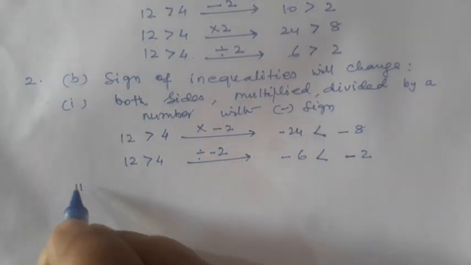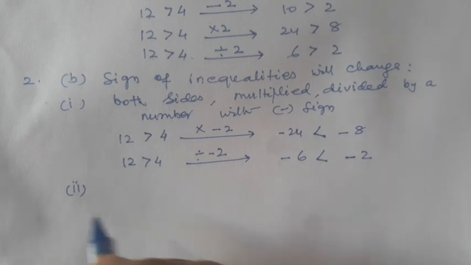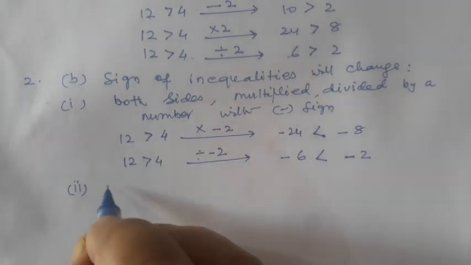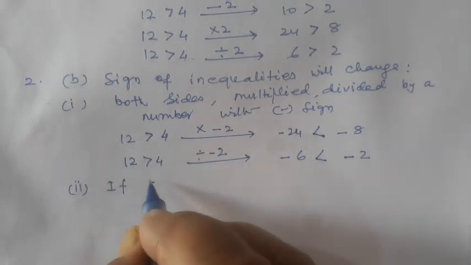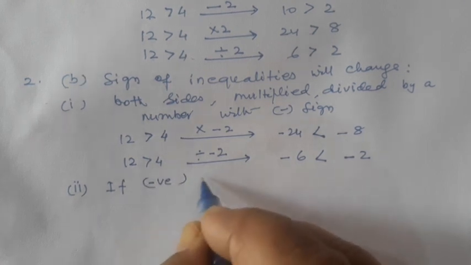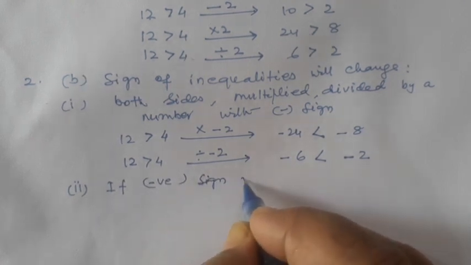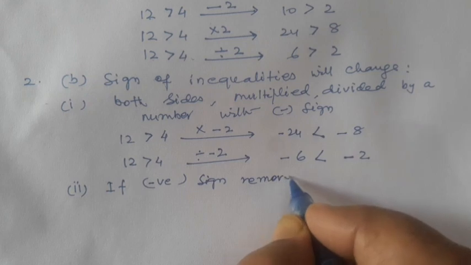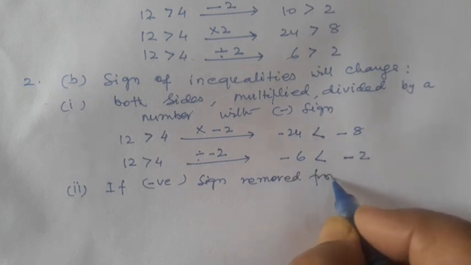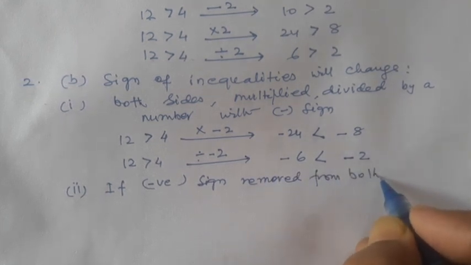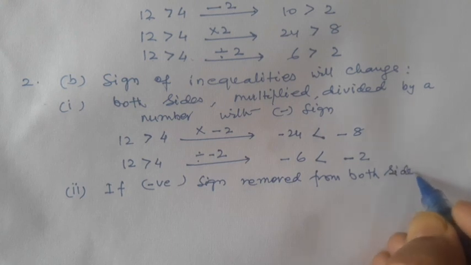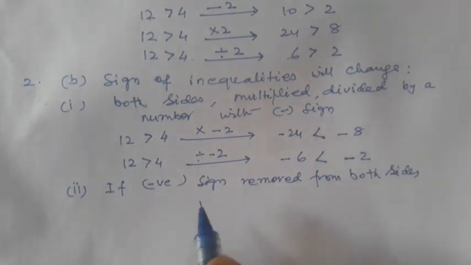Here, the second rule of changing the sign of inequalities is also if the negative sign is removed from both sides.